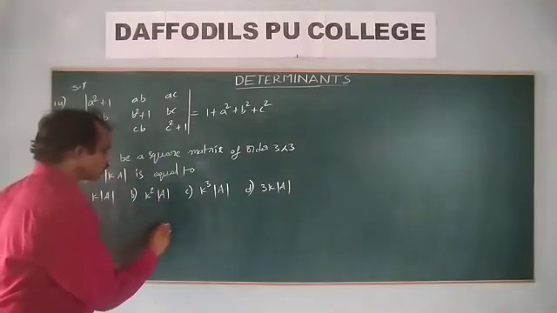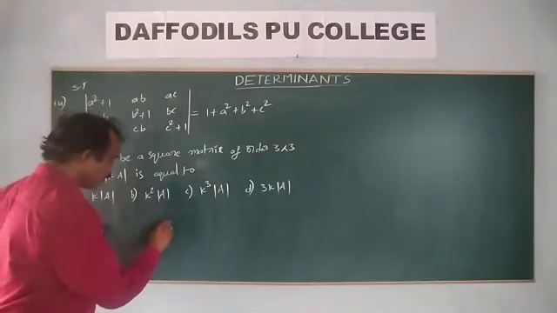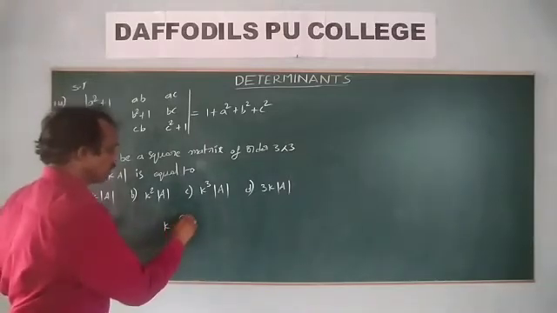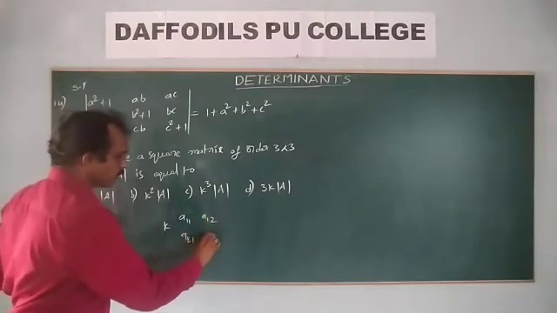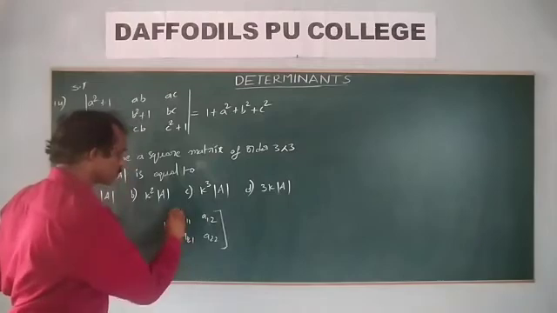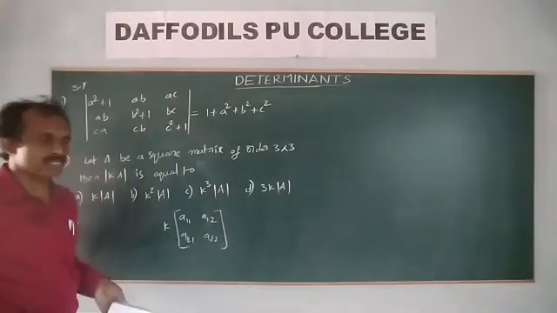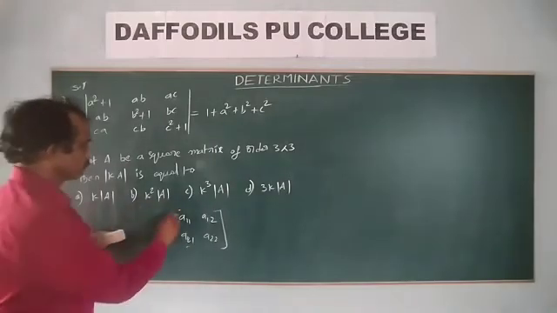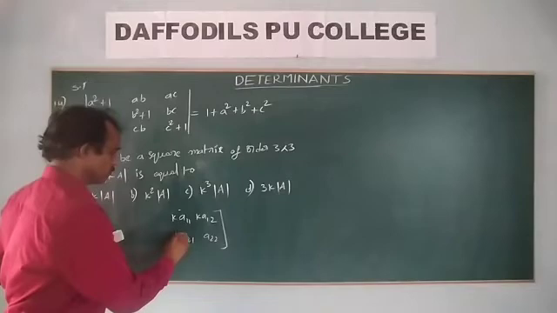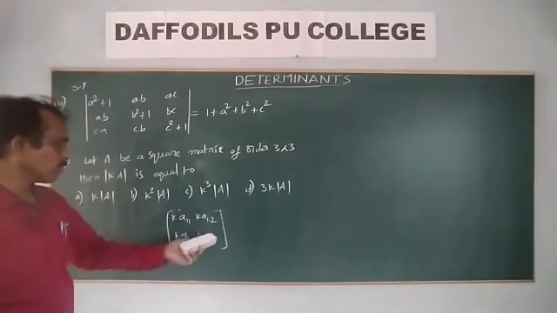Suppose you take k into the matrix with entries A11, A12, A21, A22. You multiply k with all elements, or take k common from this matrix.